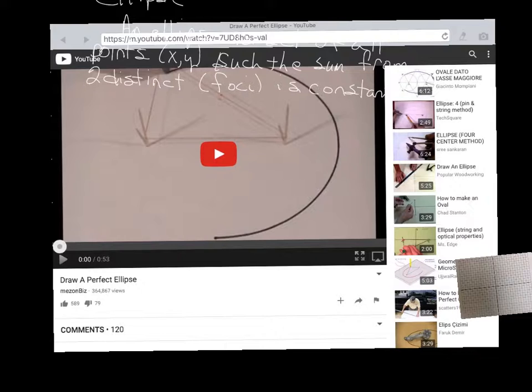See where the toothpicks are? That would be your foci. And you can see how the sum from the two fixed points remains constant, because that rubber band's not changing length as it goes around, assuming it's already stretched out as far as it'll stretch.